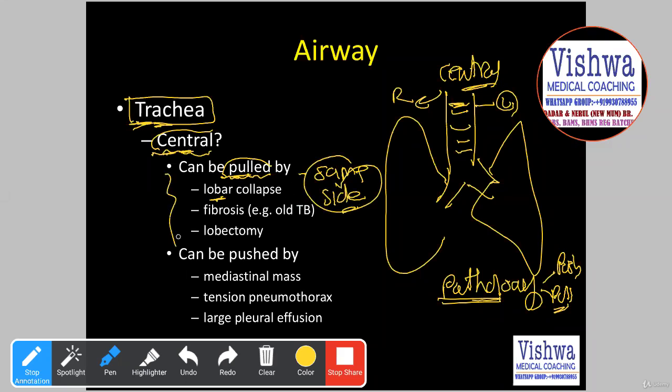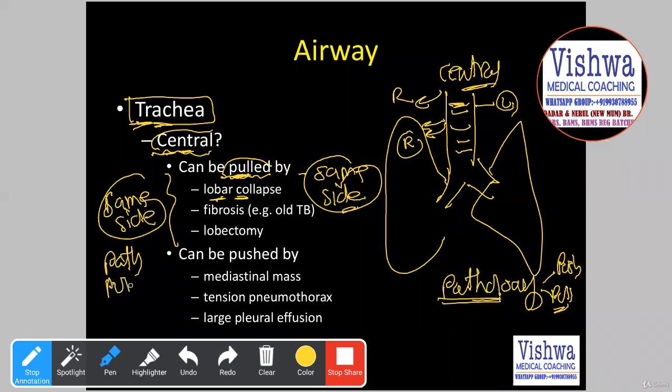That means if it is a lung collapse, the trachea will be pulled to the same side. If it is a right lung collapse, the trachea will be pulled to the right side. So the pathology as well as the pull are on the same side. That is what is called pull and push terminology. In the trachea, if it is central, it is normal.